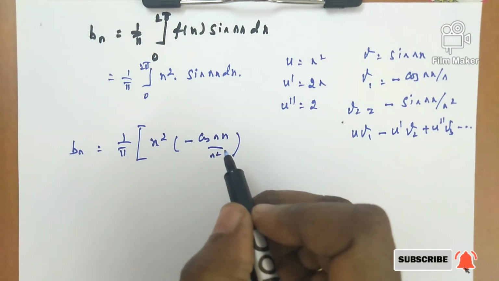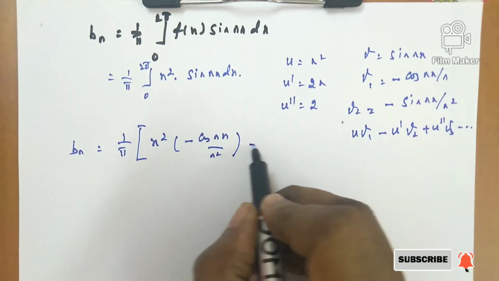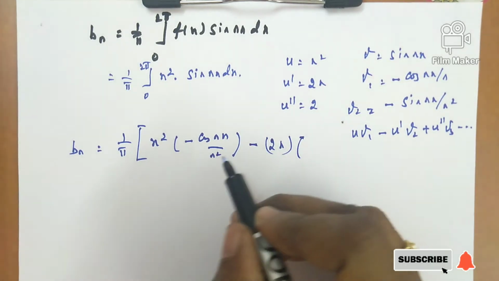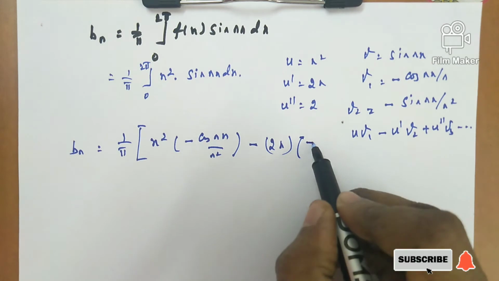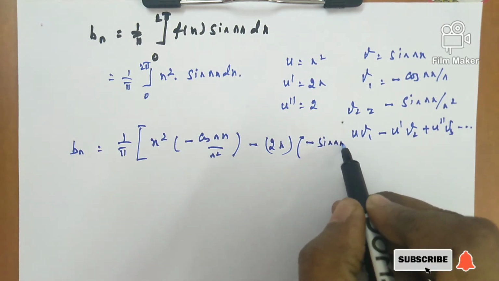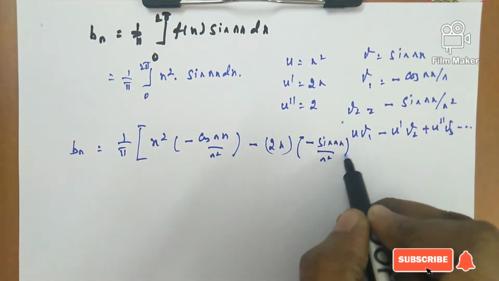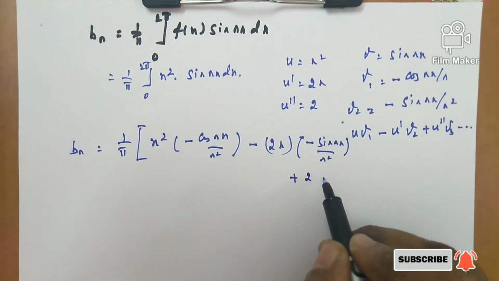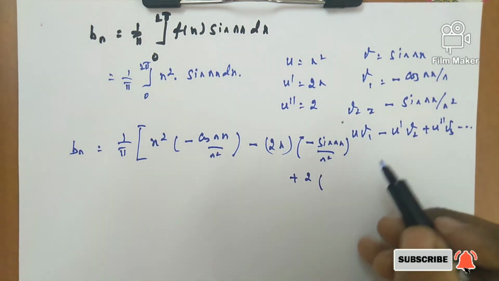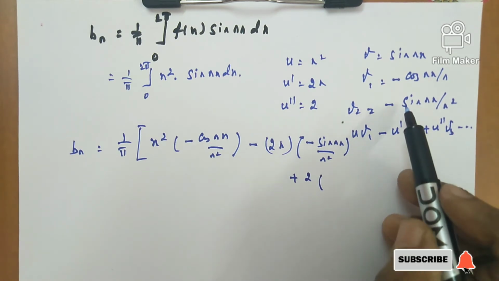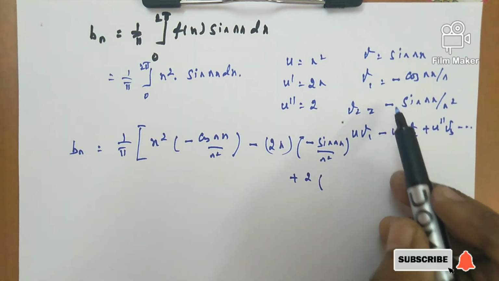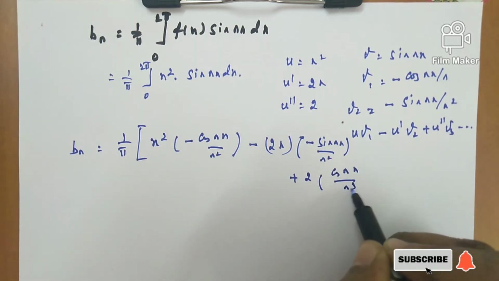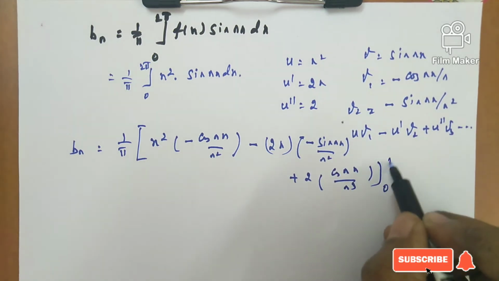Then minus differentiation of u, that is u dash 2x, into integration of cos, which is minus sin nx by n square, then plus 2 into the third one, 2 into integration of sin is minus, already one minus is there, so plus cos nx by n cube with the limit 0 to 2 pi.